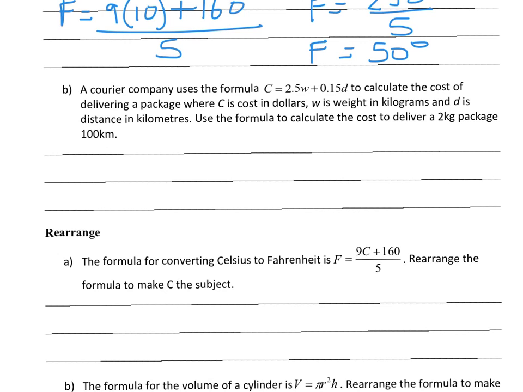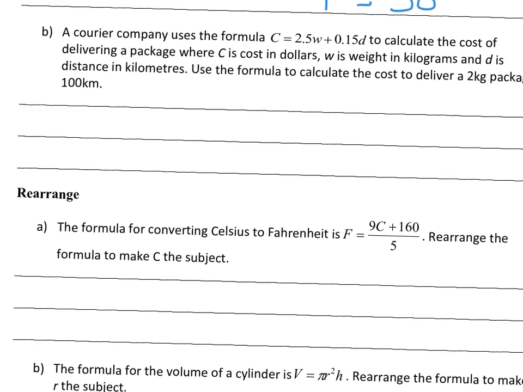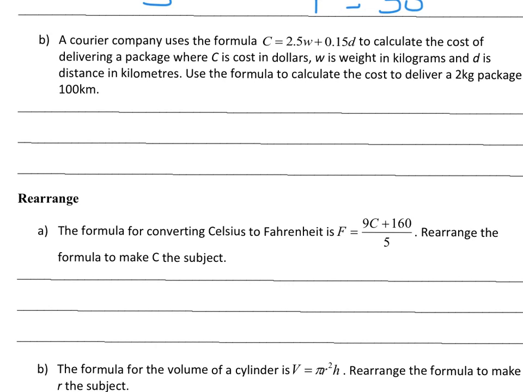And again, part B is substituting in. We've got cost in dollars equals 2.5 times W. W is the weight in kilograms, and that's 2.